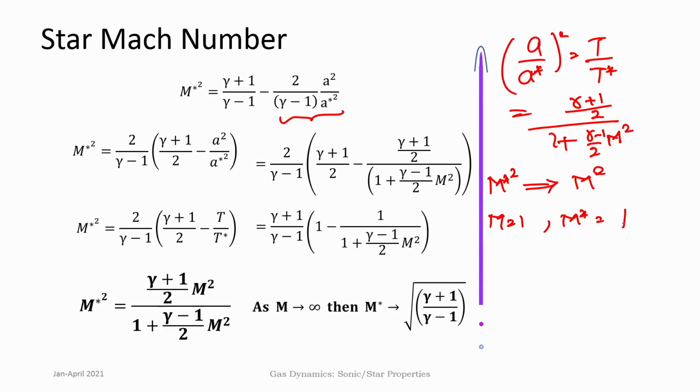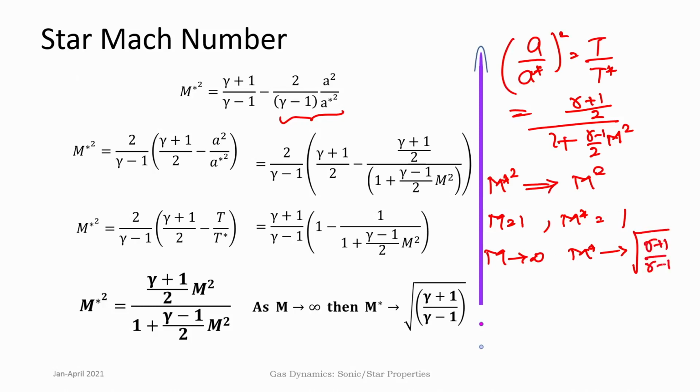So M star equals 1, but when M tends to infinity, M star goes to the square root of (gamma plus 1)/(gamma minus 1).